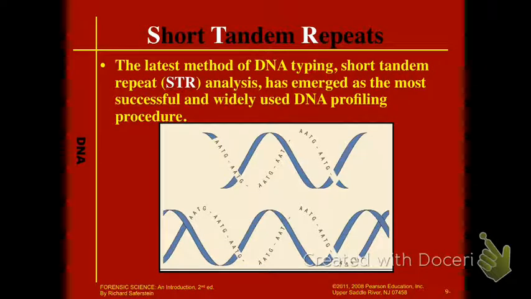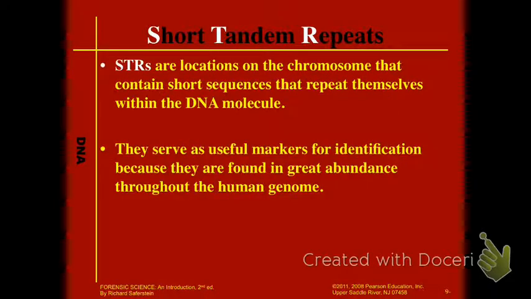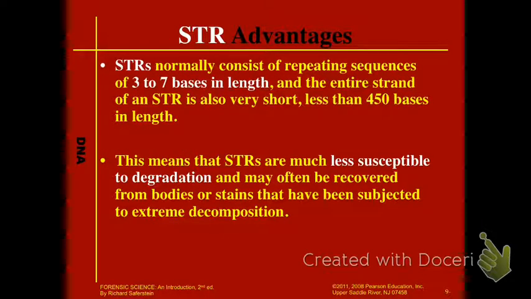The new repeating sequences that are used are called short tandem repeats, STR analysis. These are short sequences that repeat themselves within the DNA molecule over and over again. They're useful for identification because they're found in great abundance throughout the human genome.